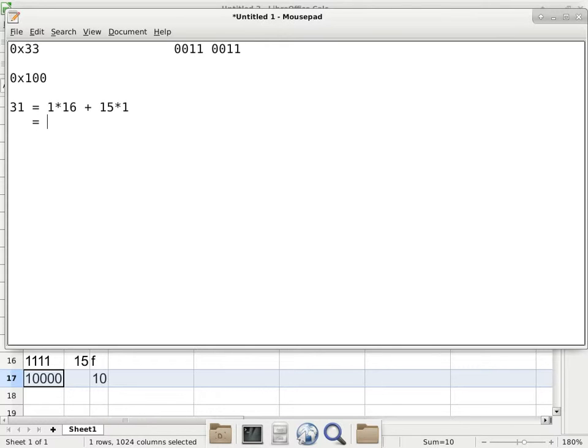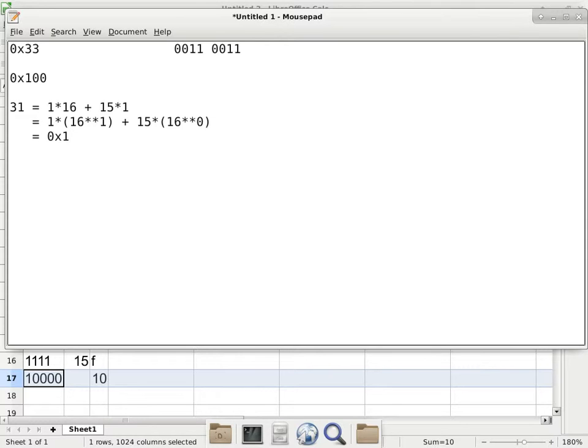Yes. So the next thing you do is to look at the 16 not just as 16, but as 16 to the power of 1. And you look at the 1 not only as 1, but as 16 to the power of 0. Because that explains why we have this one here. The next step is to convert this into hexadecimal representation. We do not have a single digit in base 10 to represent a quantity of 15, so we have to borrow from the alphabet.